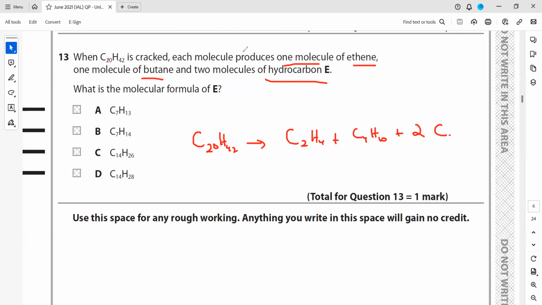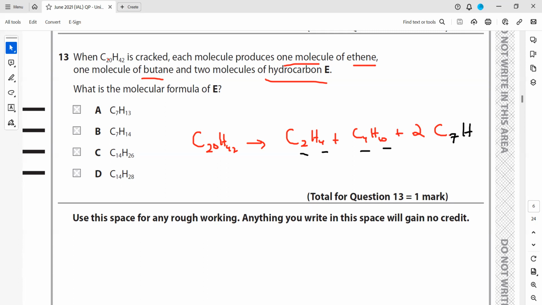So you just have to count, because you need 20 carbon. Out of 20, 2 are used here, 4 are used here. So you are left with 14. To have 14, this will be 7, because 7 multiplied by 2 makes 14. So 14 plus 2 is 16, and 16 plus 4 makes 20. And how many hydrogen? 42 are there, 4 are used here, 10 are used here, so we are left with 28.